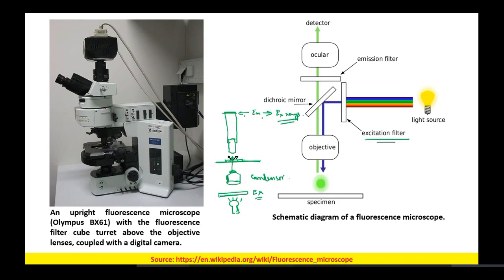In other words, you can use a band stop filter also, so that the excitation ray is blocked. Over here also, I told you in my last class that this emission filter should be such that the excitation rays which will be going back again through the reflection mode towards this emission filter would be blocked. The same thing would happen over here also. You should have an emission filter which will block the excitation rays, and then you will be having this ocular eyepiece.